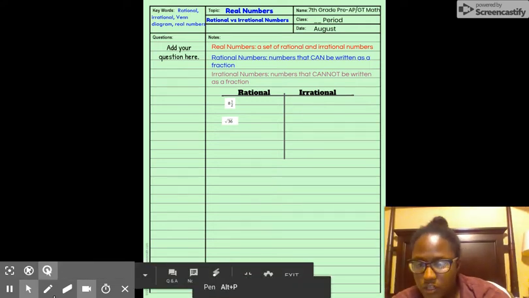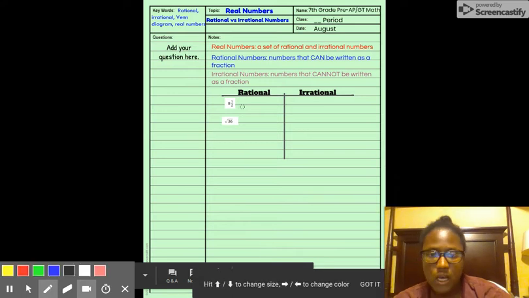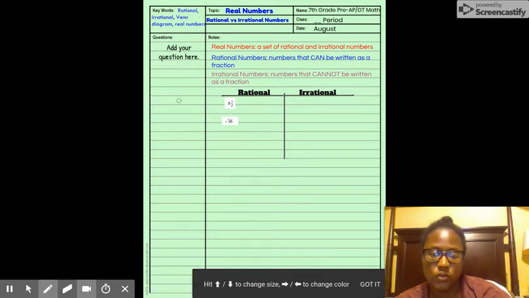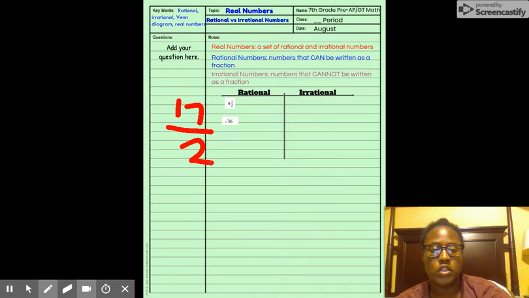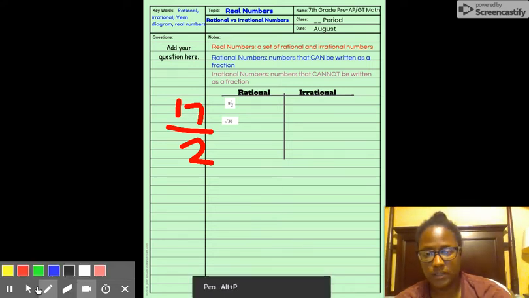So I would do 8 times 2, which is 16, plus 1, which would be 17 over 2. Okay, so that would be written as an improper fraction. So that would still be considered a fraction.